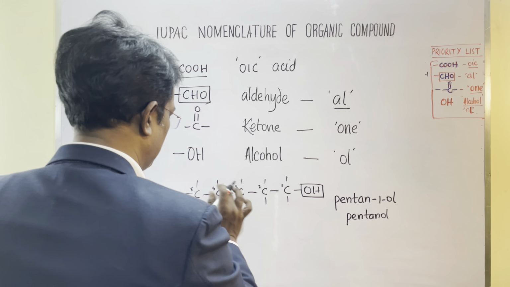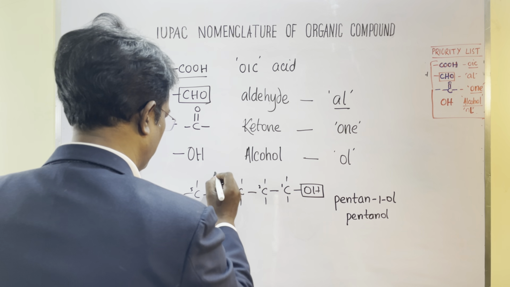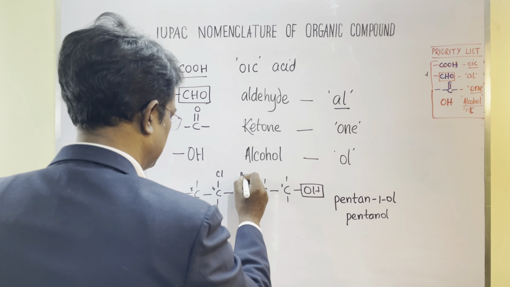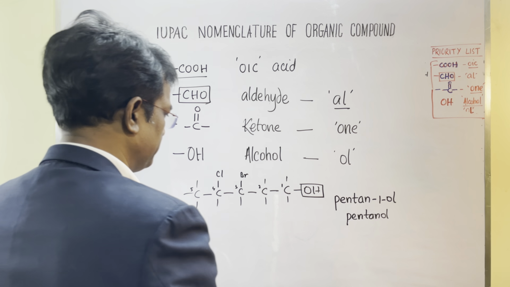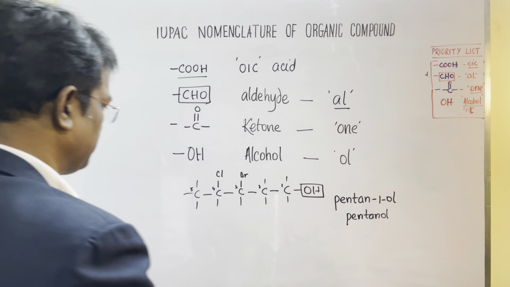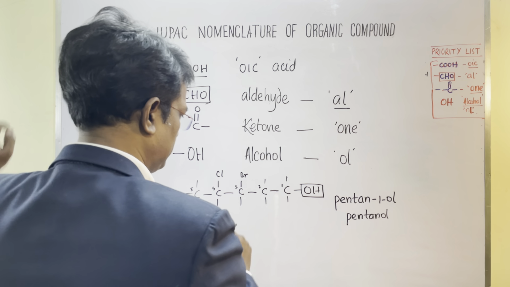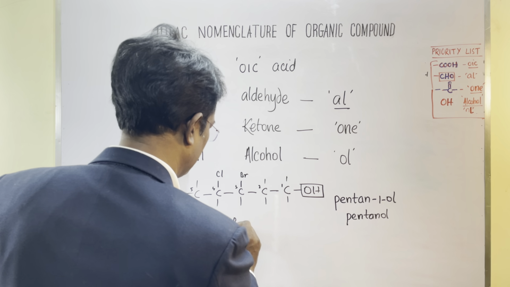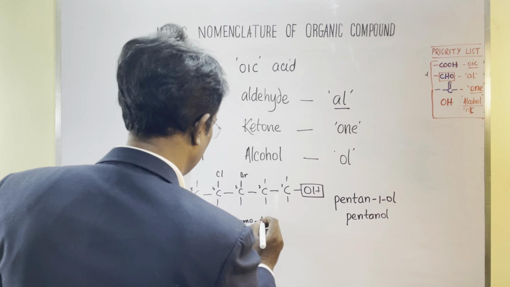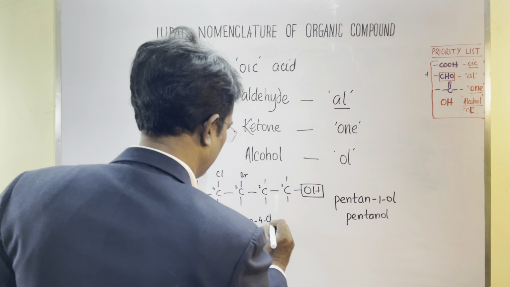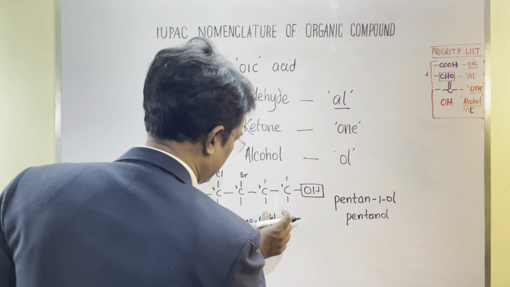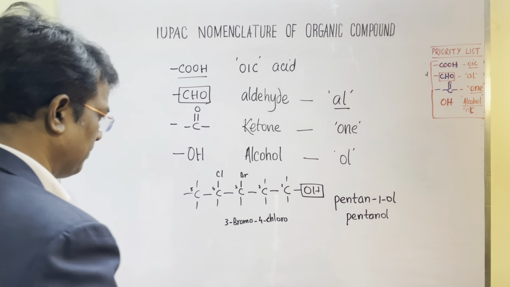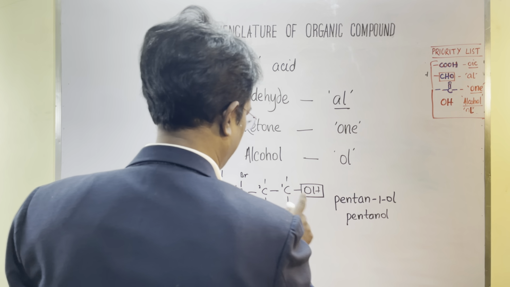Now another example. Suppose at this 4th carbon a chlorine is attached, and here one bromine is attached. Then what will be the name here? It will be 3-bromo-4-chloro, chloro with a small c, it has to be small. 1, 2, 3, 4, 5.